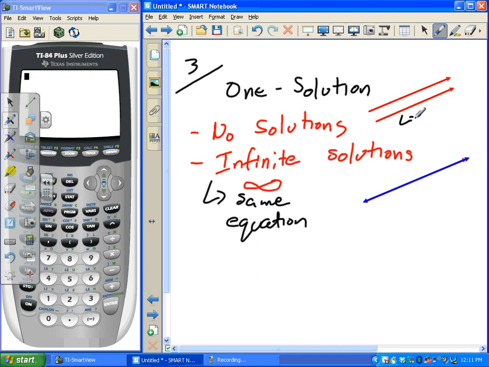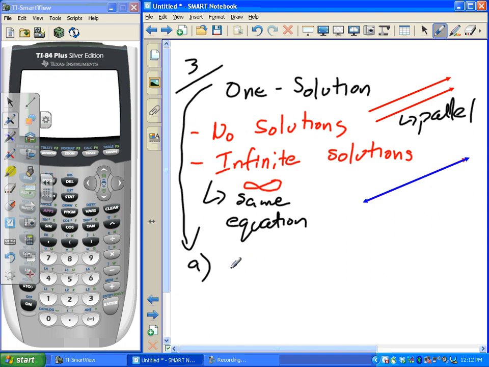No solutions are parallel. And one solution is, anyone know? So we're going to actually solve for one solution now. What does that mean? They're just different. They're not parallel, and they're not the same equation. They could be perpendicular. They could have slopes that are reciprocal. They could have so many different things. Okay? So instead of describing all of those, I'm going to describe the two things they're not.